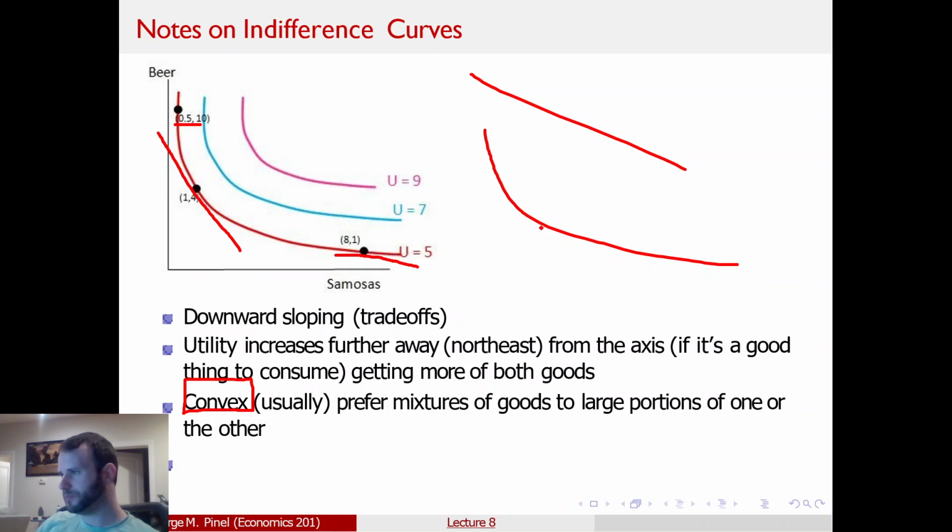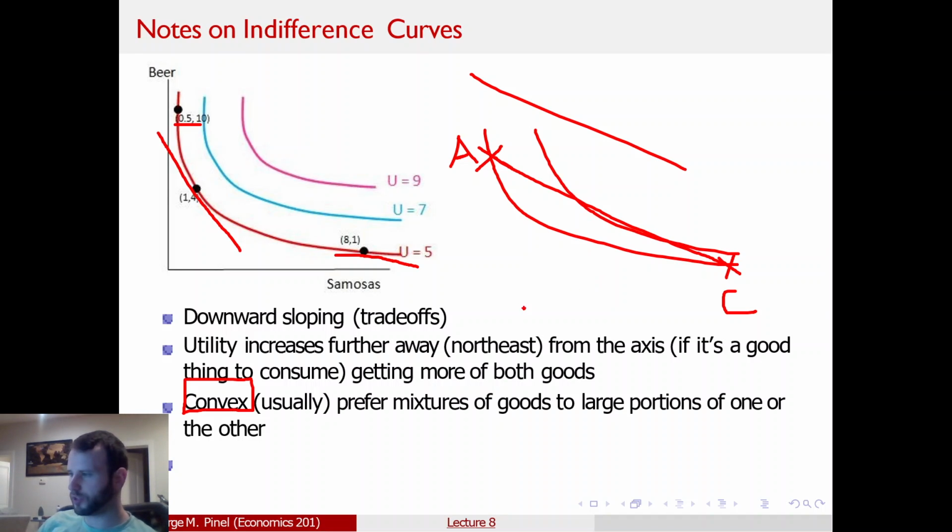So if you consumed an extreme amount of beer and a very minimal amount of samosas at point A, or an extreme amount of samosas and a minimal amount of beer at point B, if we took some mixture between the two, it's going to be on a higher utility curve.